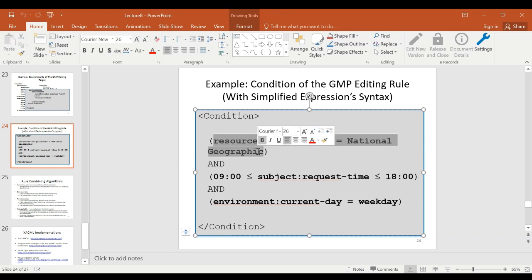So if all of these sub-expressions were true, then the whole thing becomes true. If either of these three was false, then the whole thing becomes false, and therefore the condition becomes false, and therefore the rule does not apply. So remember, the idea here is that the condition must be true in order for the rule to apply as a whole.